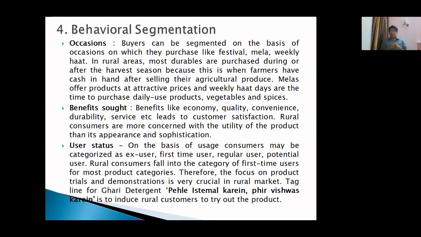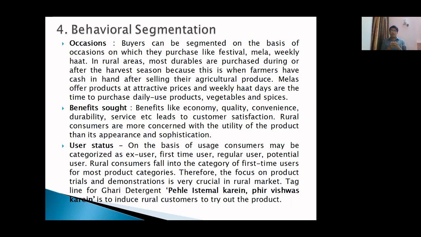The occasion on which a consumer is purchasing is important for a marketer to know, because on the basis of this he could segment the people who are purchasing weekly from the weekly haat, or they are making a purchase during festival season, or they are making a purchase from a Mela and all.